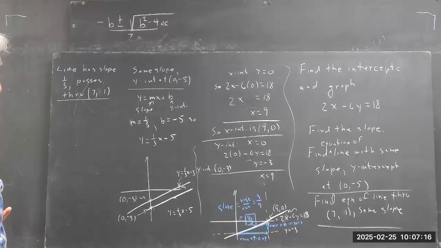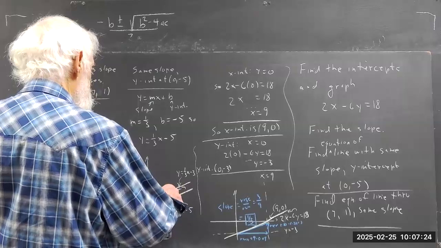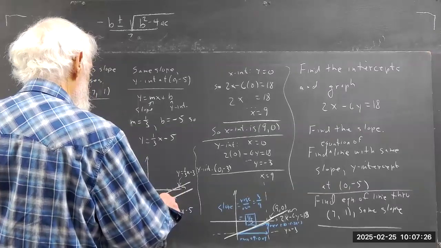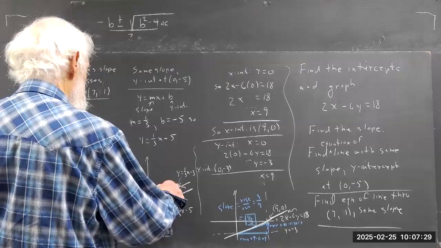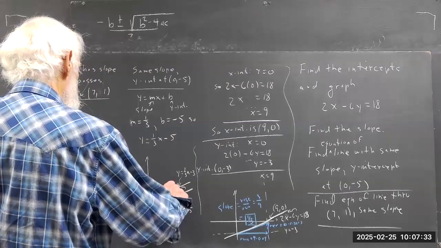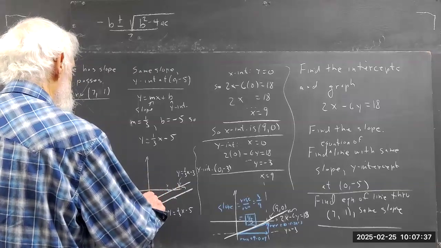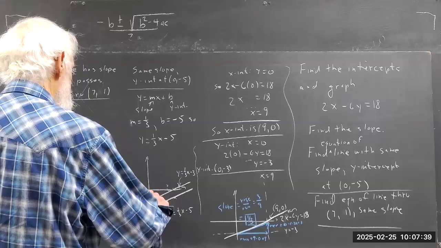So I'm going to make the point 7, 1. And if this is 9, then 7 is going to be about here, and 1 is going to be about here. So the line is going to look a lot like this. We count 9 units back and 3 units down to find that we're about here.